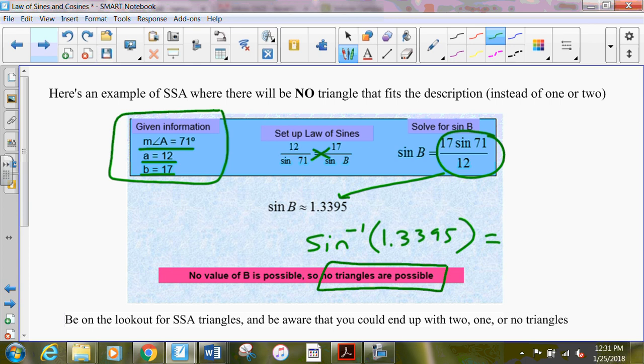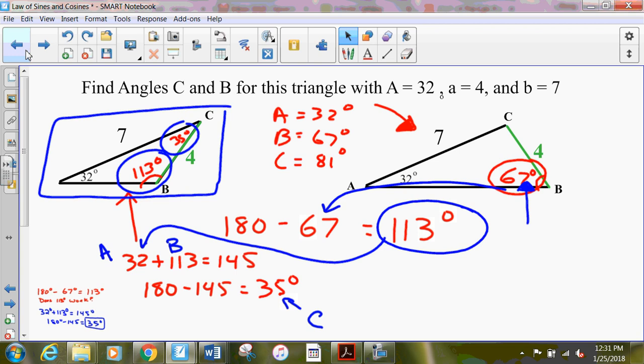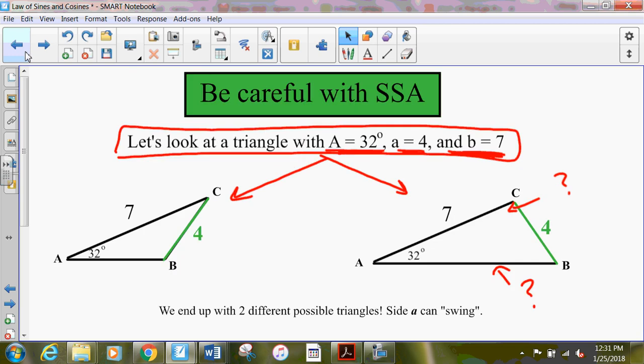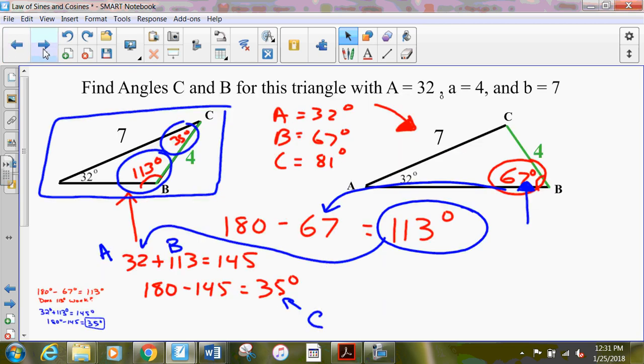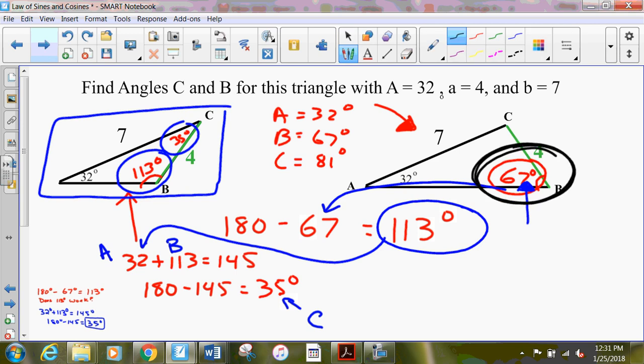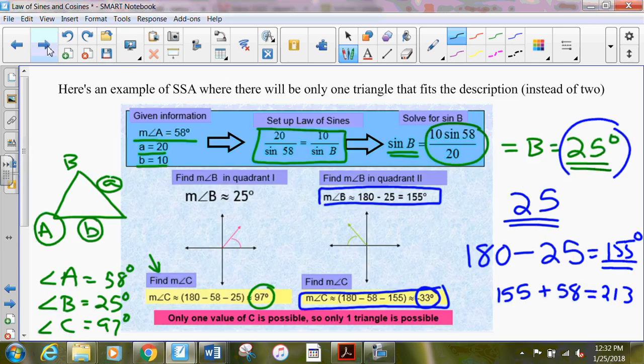So even the first angle doesn't work, which means no triangles are possible. So once again, you can have three cases, right? You could have a side-side angle that ends up with two triangles that work, where we get an acute angle for angle B and an obtuse angle for angle B, and both of them work. So you'd have to solve for two triangles. Or you'd be given an angle side-side, and you would solve, and it would work, like right here.